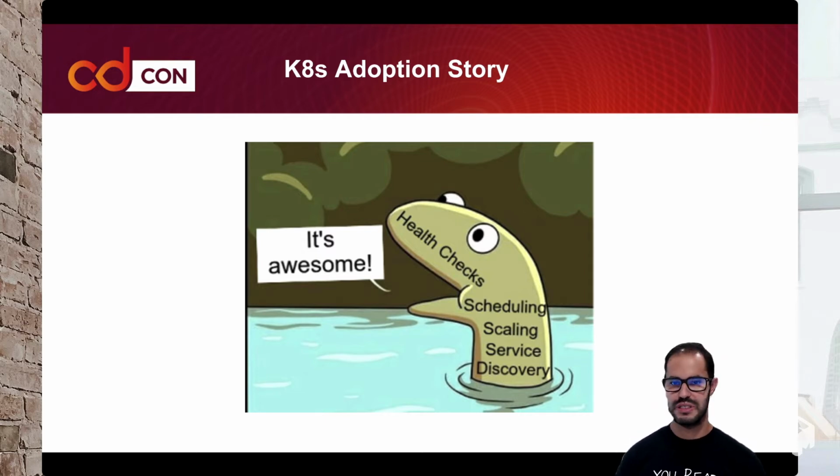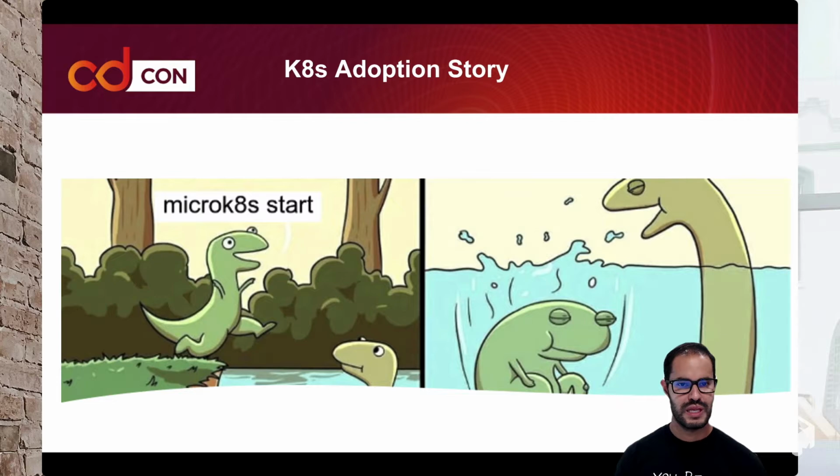You get service discovery, scheduling, self-healing, and so many other things. You should definitely jump onto this bandwagon. You decide to give it a try, and you spin up a Kubernetes cluster on your laptop or in a cloud managed service. You deploy your first Hello World application, and this is easy. And you're like, I'm doing great, I should go deeper into that. I really nailed this Kubernetes thing.